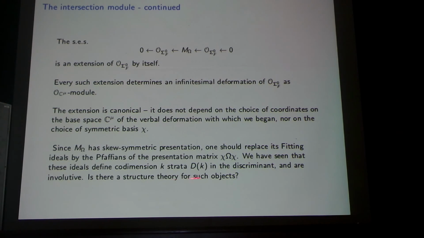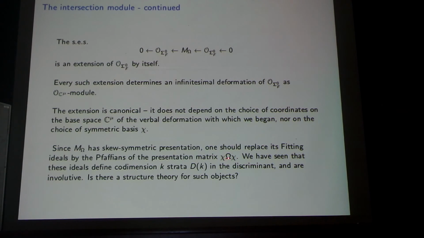I ask, is there a structure theory for such objects? So we have a skew-symmetric matrix determining an extension. Can we prove that the codimension of the strata is always what we find it to be in this range of examples? Can we prove some general Cohen-Macaulay property using a generic structure? Well, I don't know the answer to any of this, so that's why I'm giving the talk.